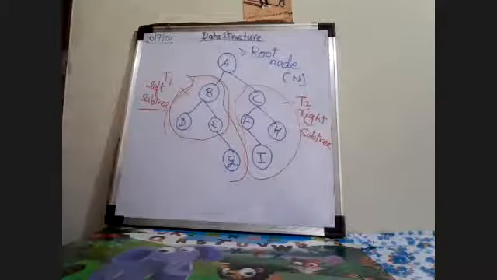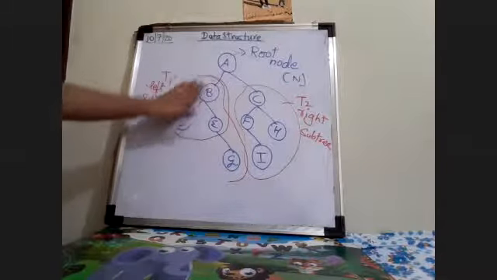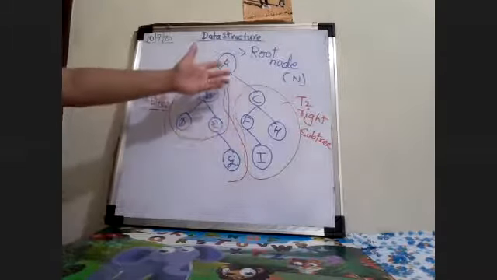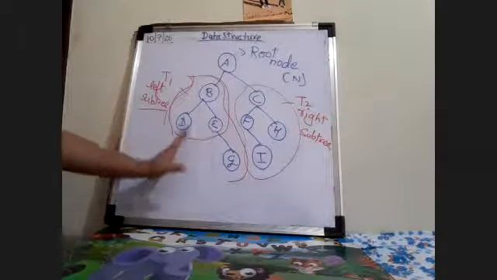One minute, does anyone have a doubt? Can't there be any more divisions from root? No, there cannot be any more divisions from the root node. It can only be left and right. There is no other center division. It is just left and right.